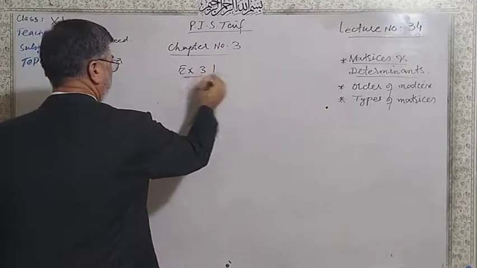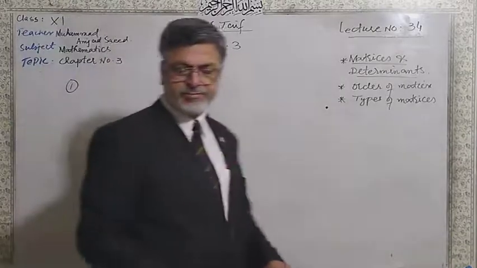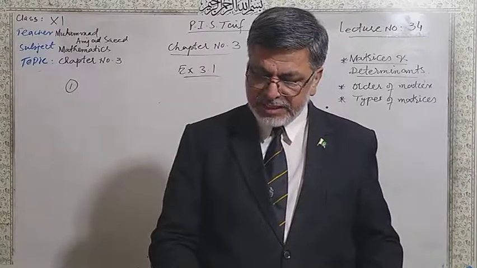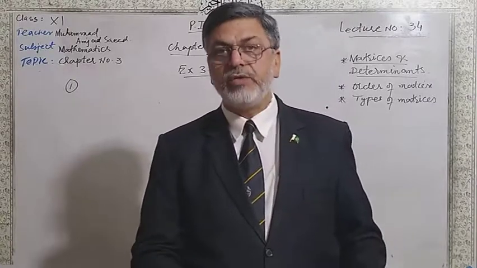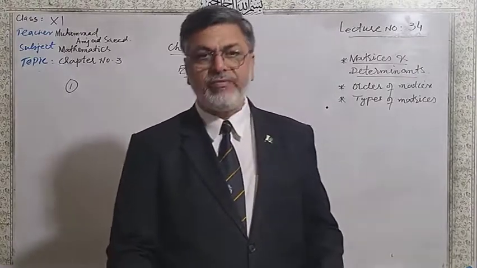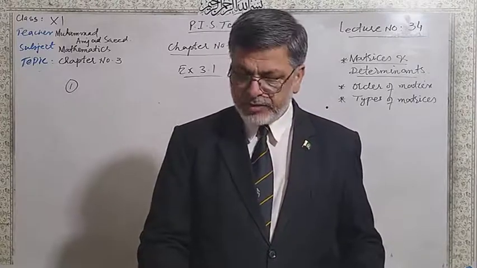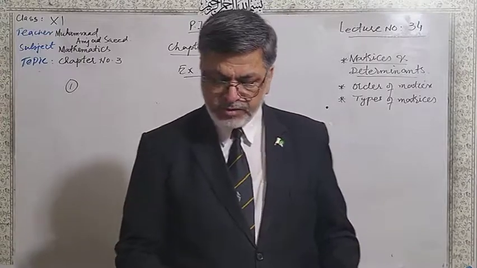Exercise 3.1. Question number 1. Dear students, we have question number 1. You are given 2 matrices A and B. Then we have to show that left hand side is equal to right hand side. So there are 2 parts.